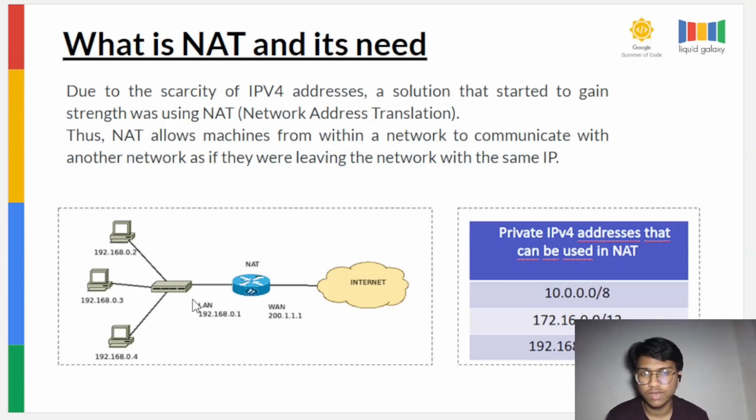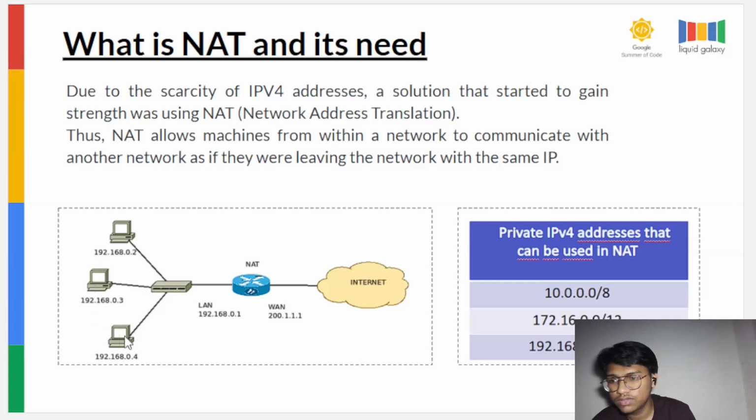We can't give every device in the network an IPv4 address. So this NAT or network address translation is a solution. NAT allows machines from within a network to communicate with another network as they are leaving the network with the same IP. Like you can see in the example image, here are 3 PCs which are connected together using a server.